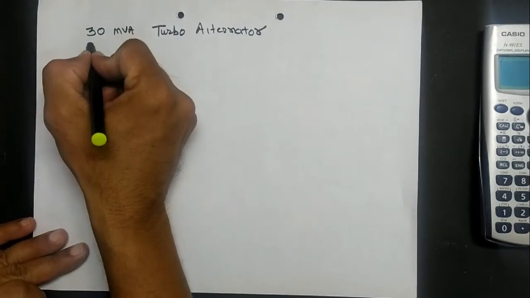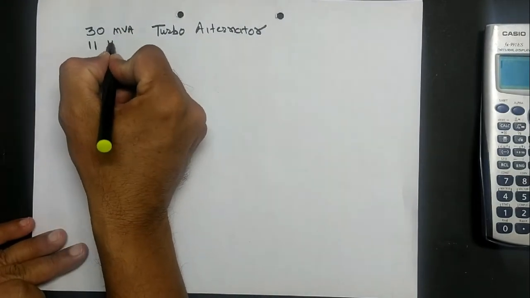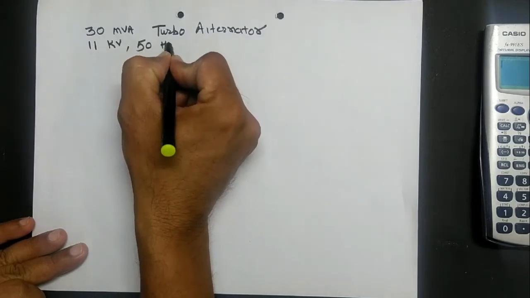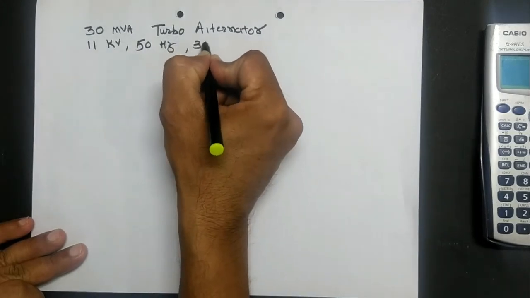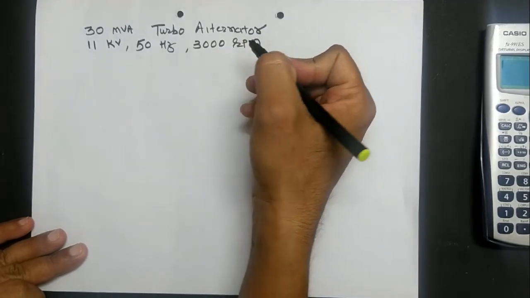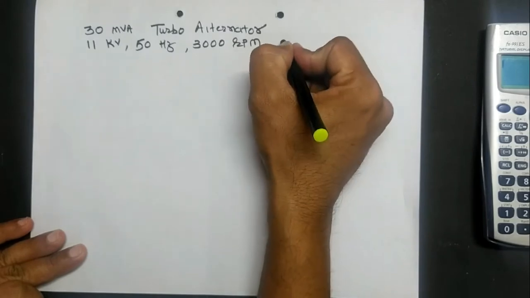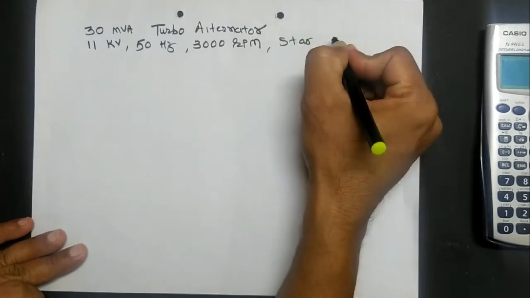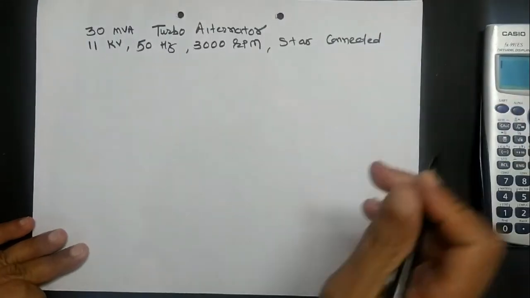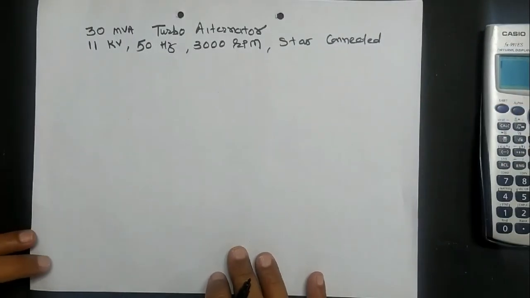Data given, that is 11 kV, 50 Hz, 3000 RPM, star connected turbo alternator.